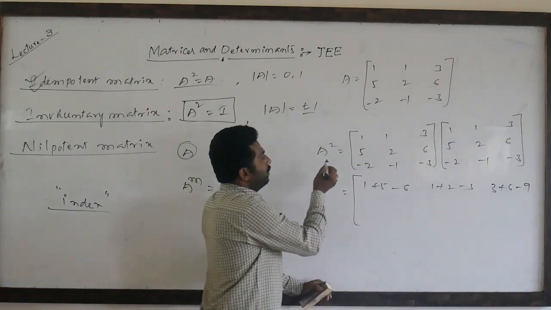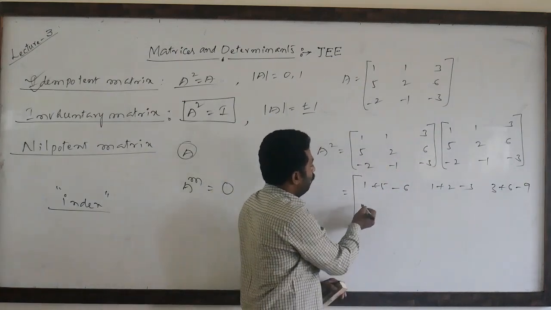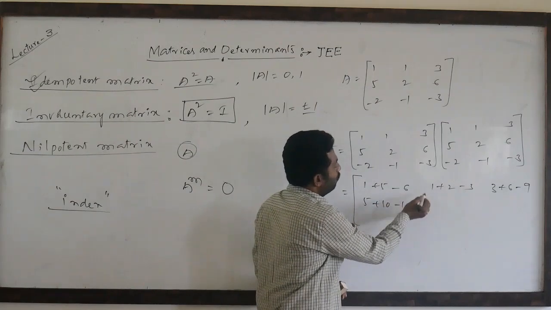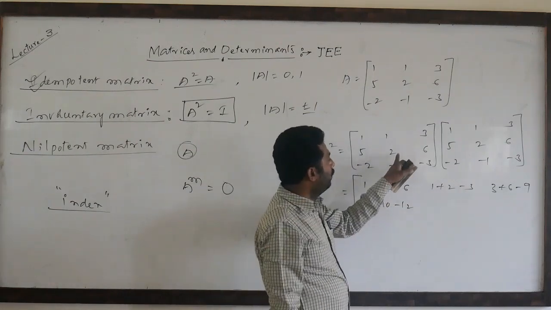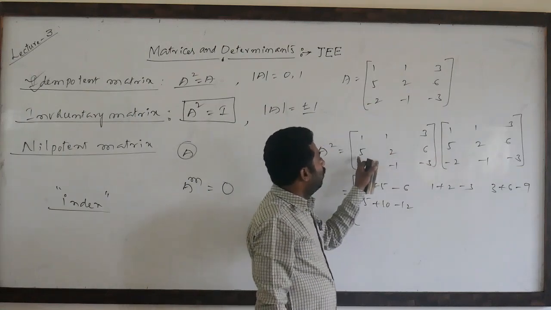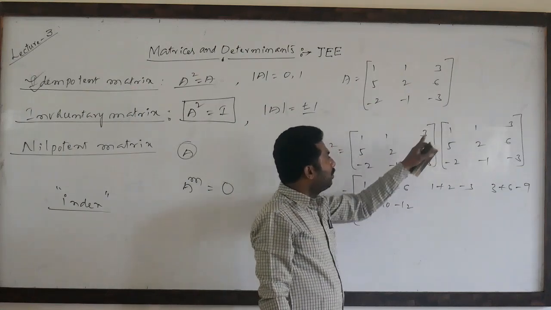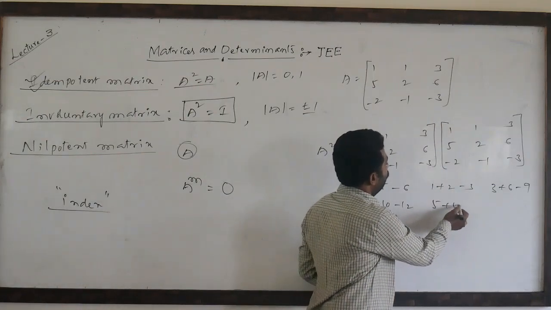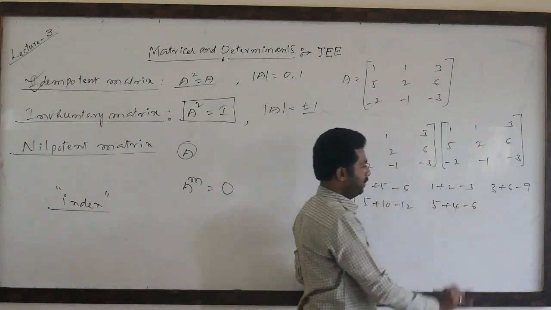Next, second row, first column: 5 plus 10 minus 12. Second row, second column: 5 plus 4 minus 6.